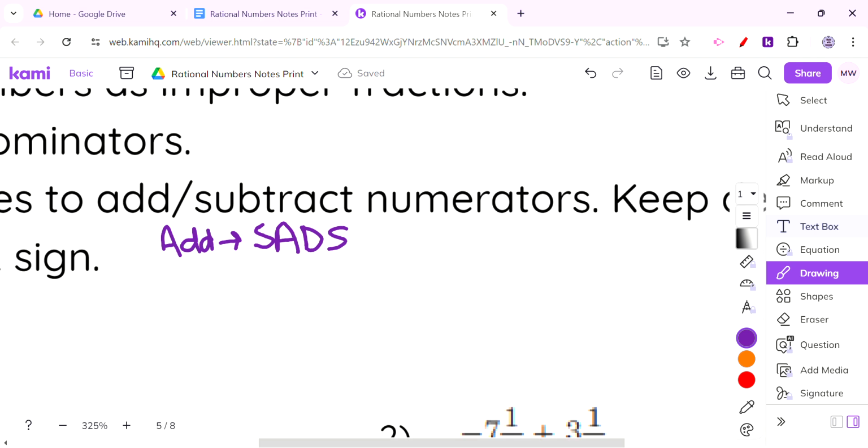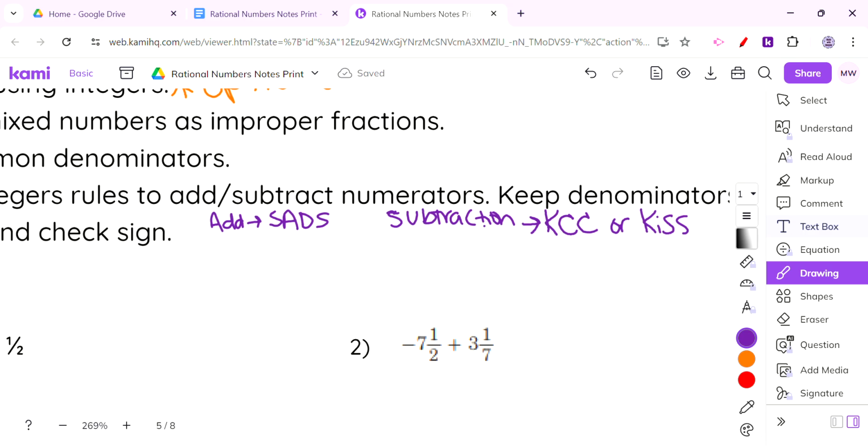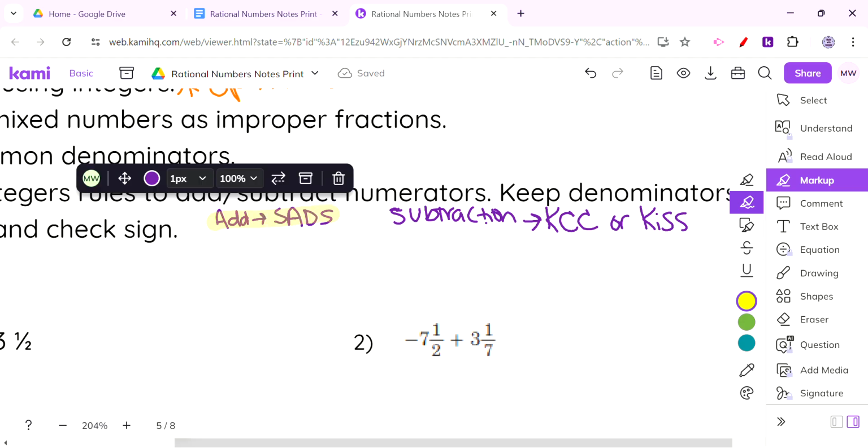And for subtraction, you want to do KCC, keep, change, change, or keep it, switch. All right, so just so that you can remember what the rules are, there they are. So add, SADs, and then subtraction is KCC or KISS.